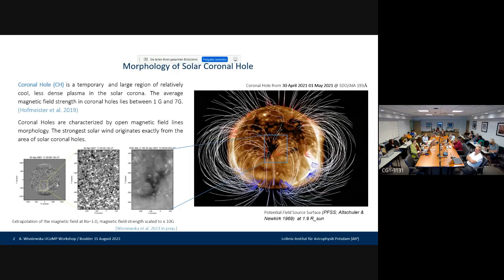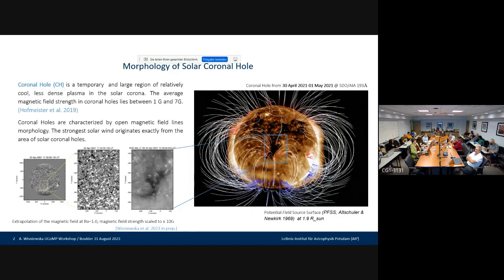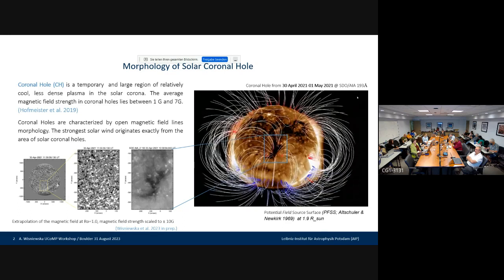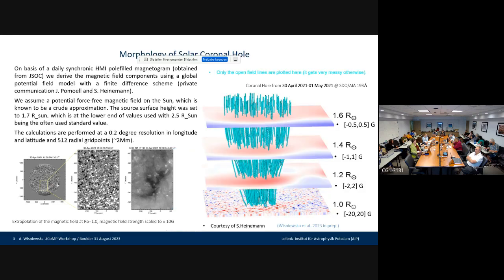And so we have a measurement of one specific coronal hole measured on the 30th of April 2021. This was measured by several instruments, but I will be showing you only my part of this work. Of course we were interested in extrapolation of the magnetic field for this feature. So we used the potential field source surface, PFSS, extrapolation, but we also wanted to go to a closer view of this region.